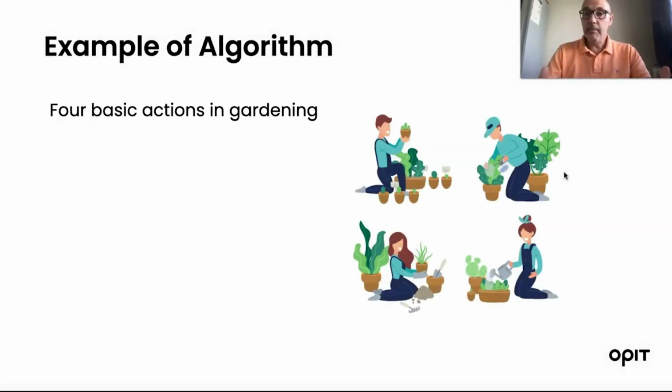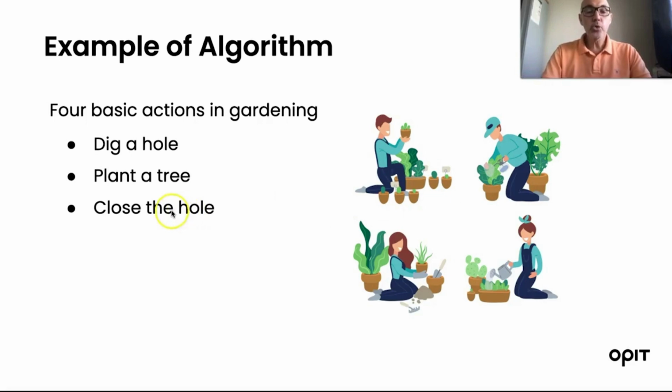Let's take other examples to see what kind of algorithms there are. So suppose we are in the case of gardening, right? And suppose we know only 4 basic actions. So suppose we know how to dig a hole, how to plant a tree, how to close the hole, and then how to water the tree with some water.